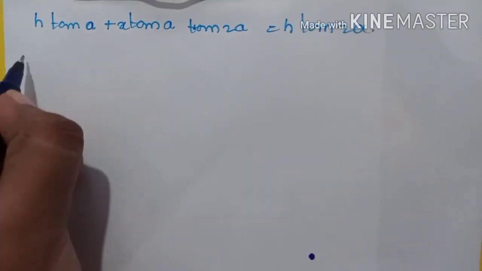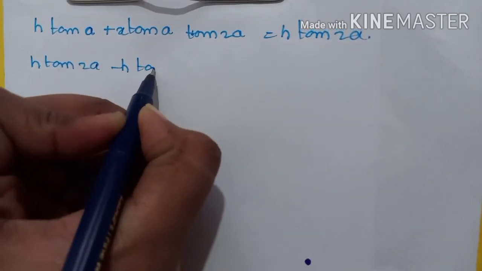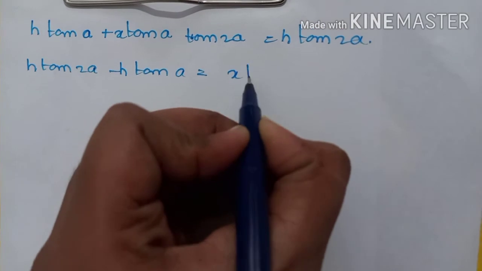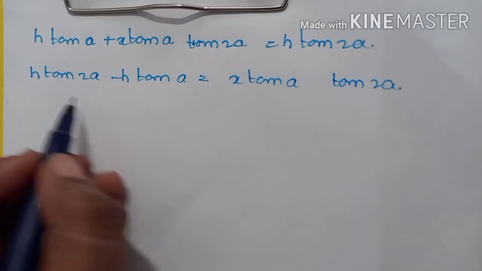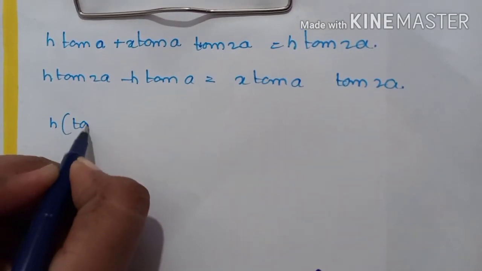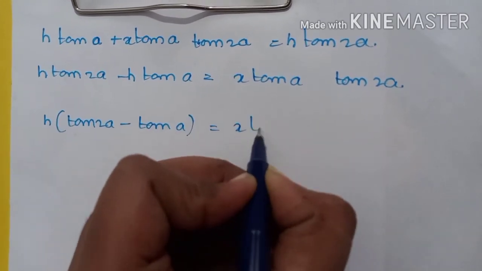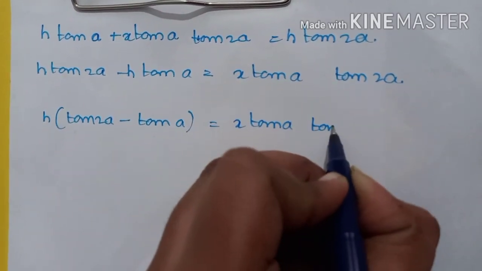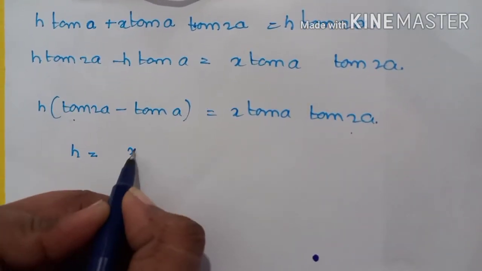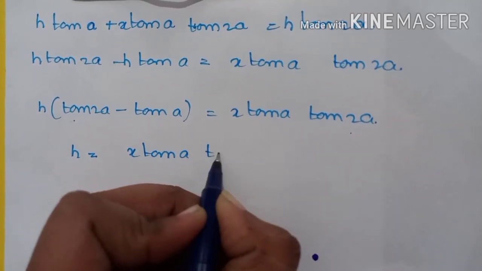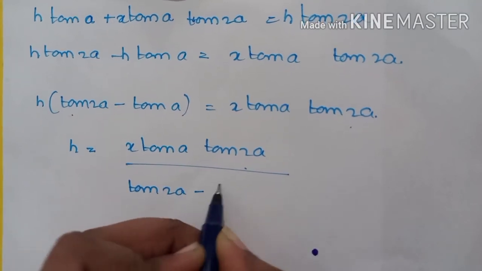Now taking all h terms to one side, we get h tan 2A minus h tan A is equal to x tan A tan 2A. Now taking h common, h times (tan 2A minus tan A) equals x tan A tan 2A. Now taking this term to the denominator, h becomes x tan A tan 2A divided by (tan 2A minus tan A).